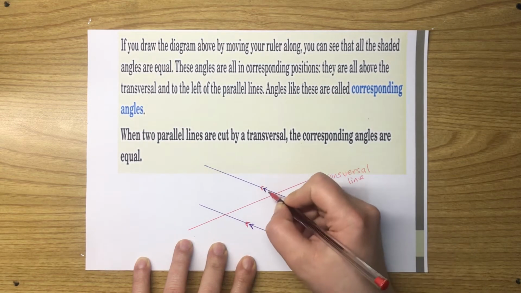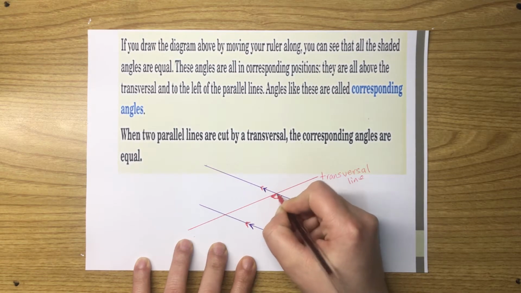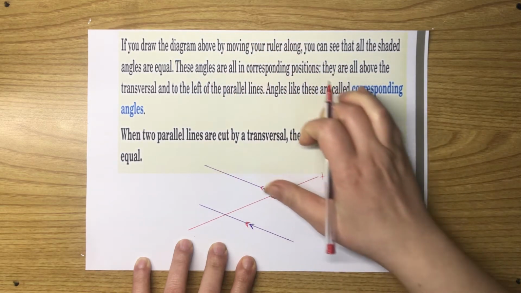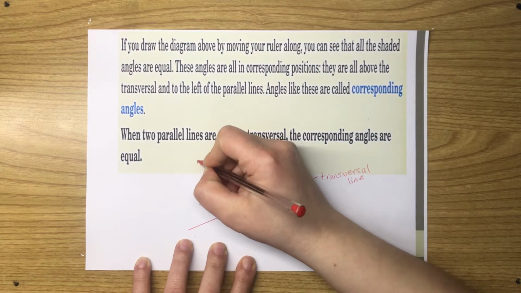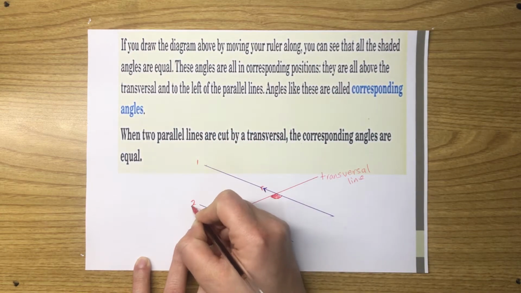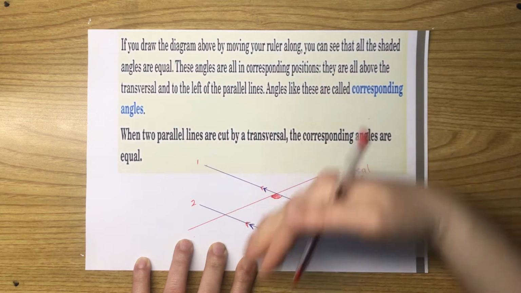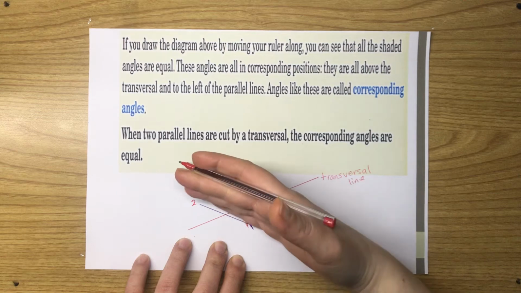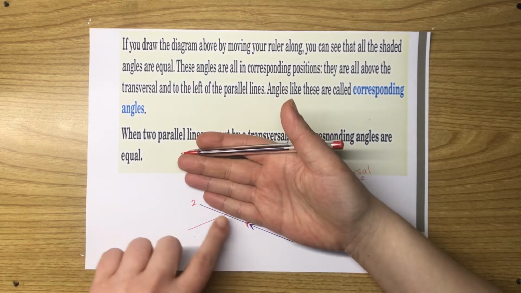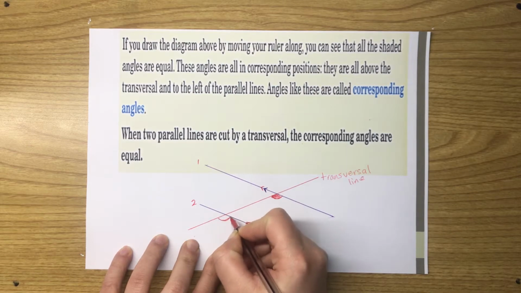Let's say, what is the angle that corresponds to this one? So this is line number 1, line number 2. It is on the lower side for these two lines, so it's going to be in the same position underneath. So this is the corresponding angle.